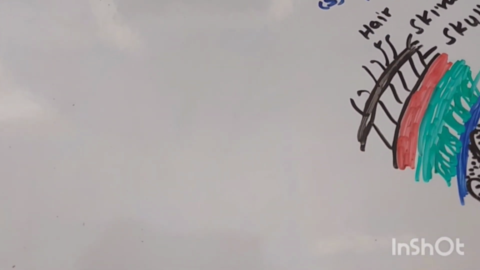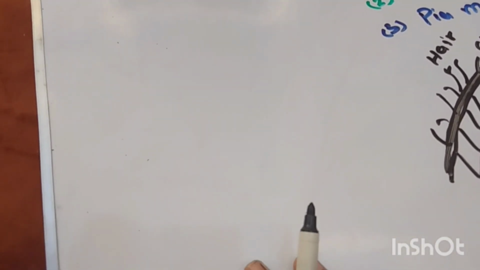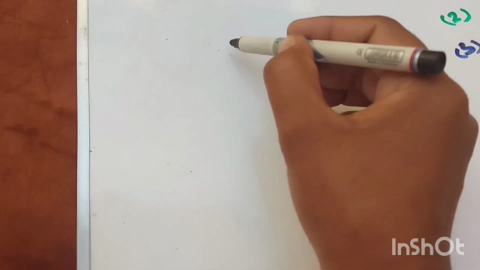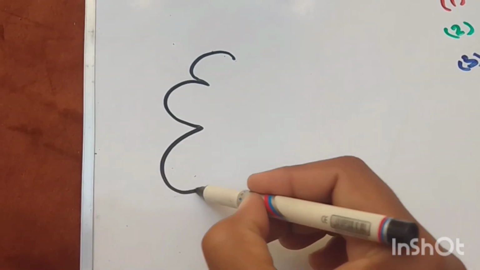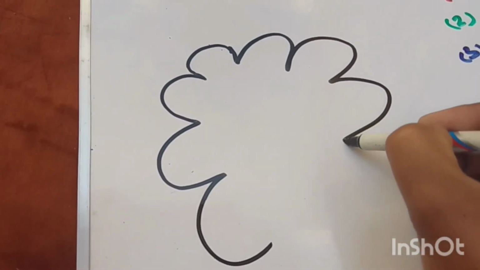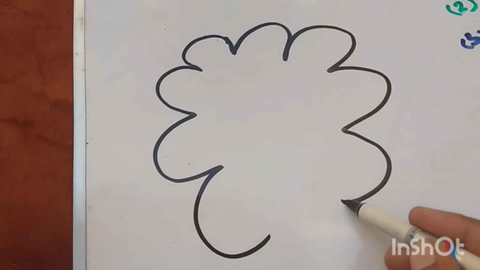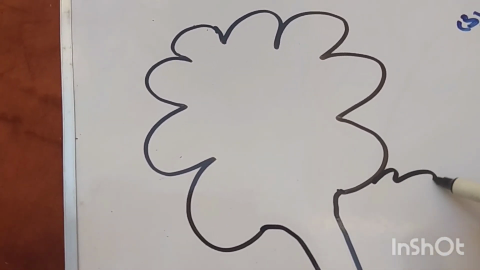So first we draw the brain. This is our cerebrum. And this is the brain stem, and this is the cerebellum.